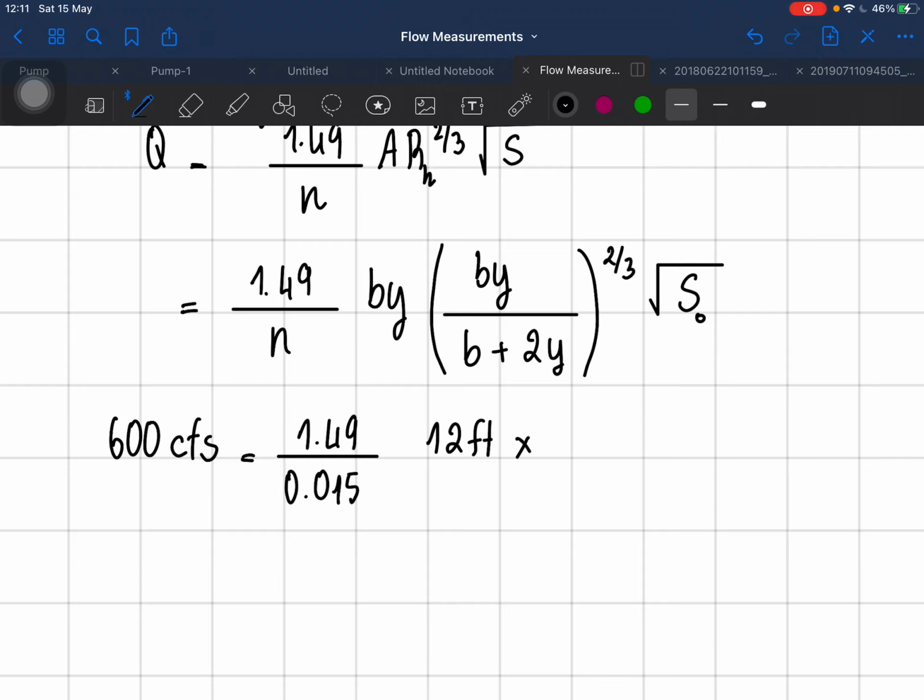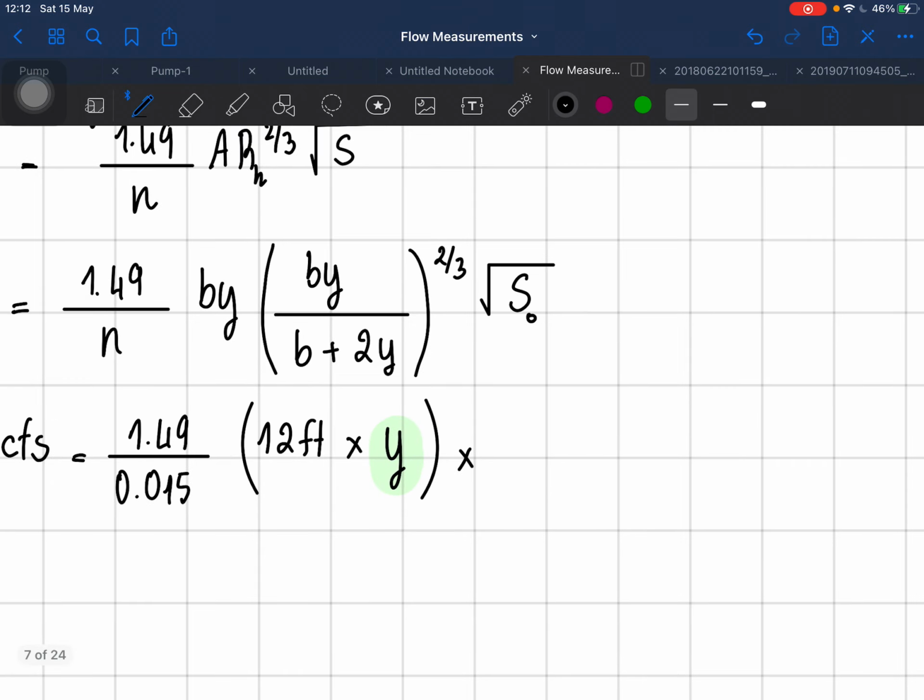Okay, so times Y. I'll highlight this one. And then we times B again, 12 feet times Y. We will use the solver to solve for Y later in the calculator.